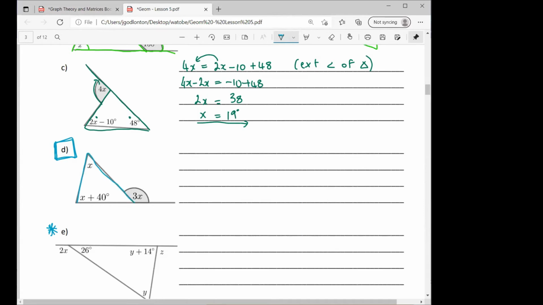Okay, there's my triangle. My exterior angle is 3x. So I'm going to say 3x is equal to x plus 40. And my reason is exterior angle of a triangle. And so 3x is equal to 2x plus 40, which means x is equal to 40 degrees. Well done to those of you who got there.